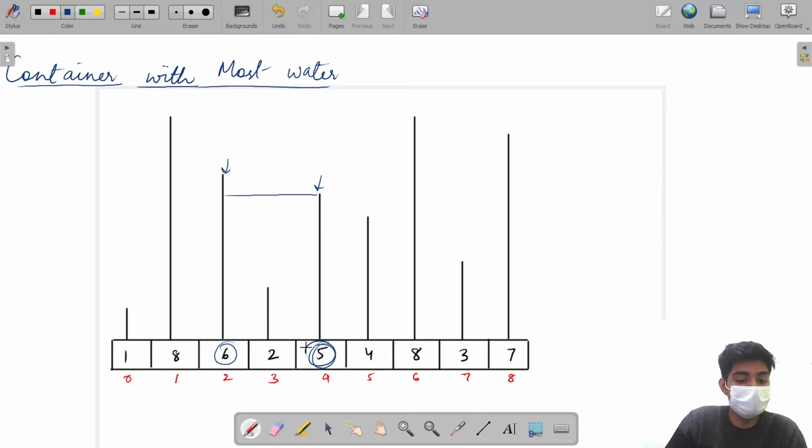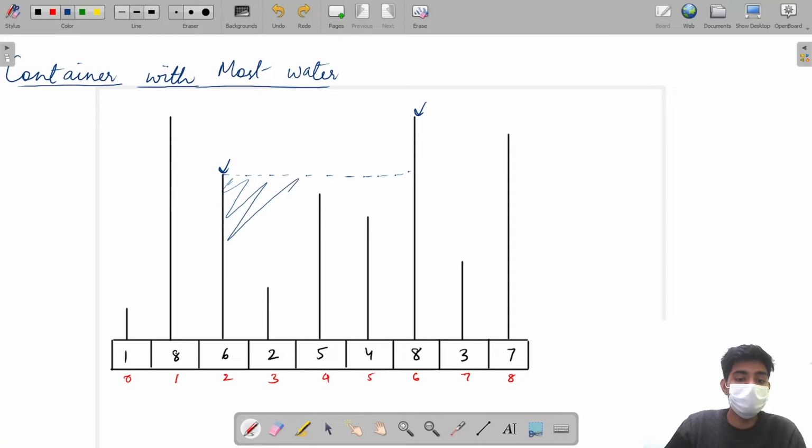So if I have 6 and 5, the height of the container is going to be 5 because it is smaller. Let's use two other numbers. Let's say I have this line and this line. For 6 and 8, my height is going to be till here, because if I try to fill it over this, it is going to overflow.